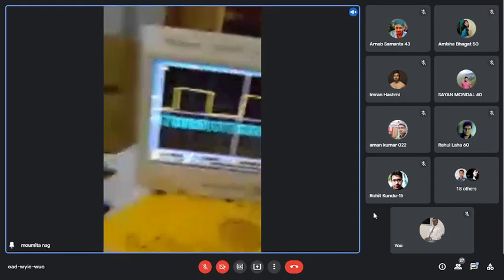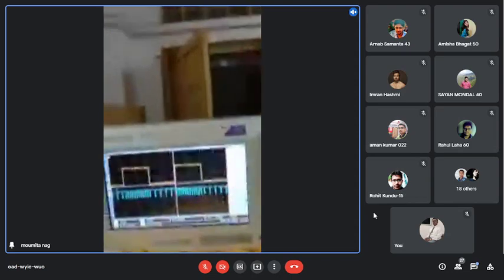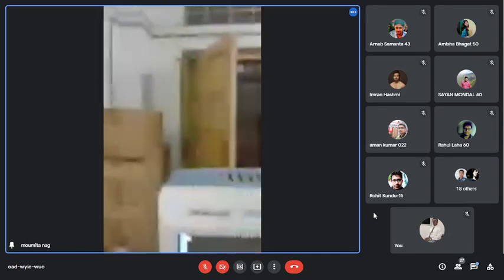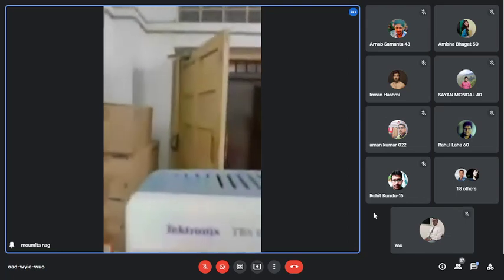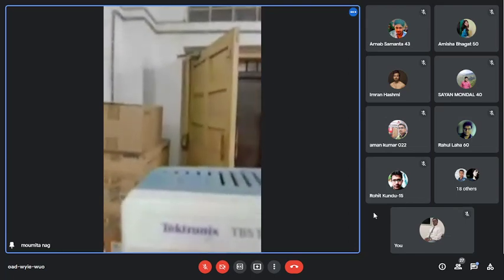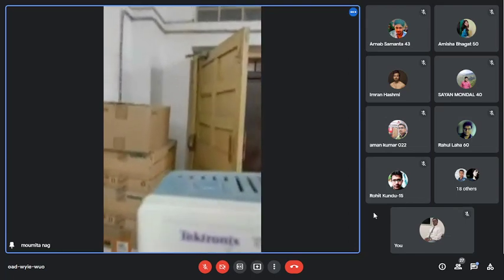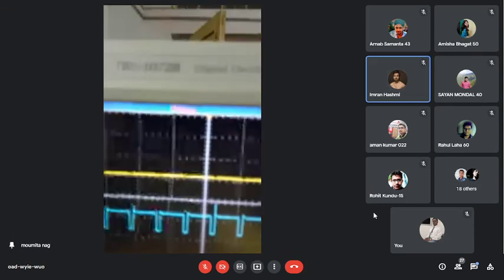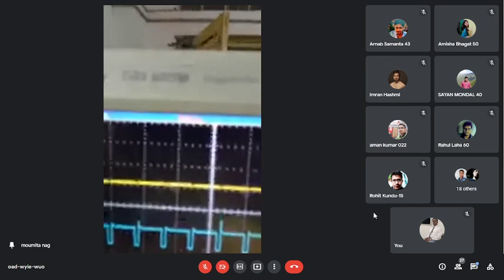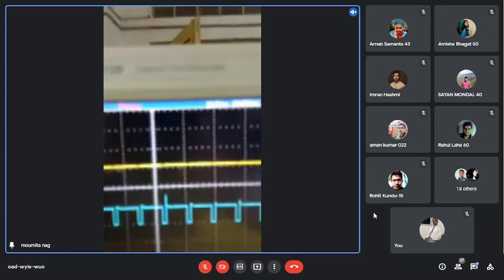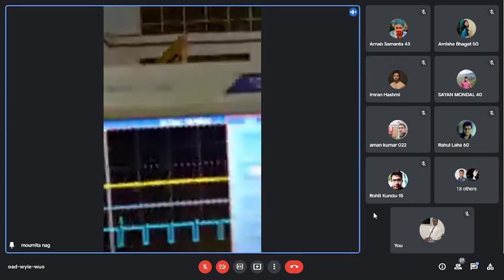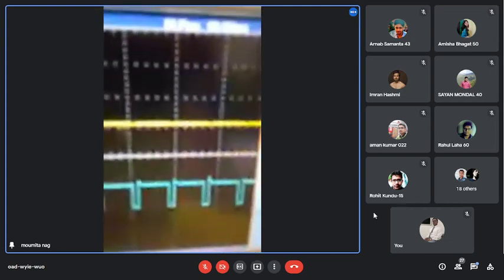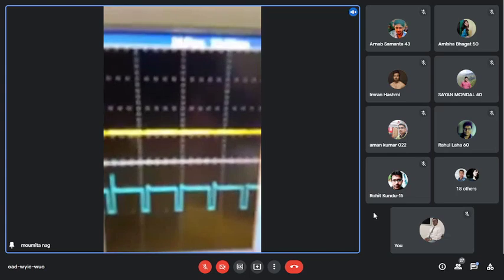So just 1 minute, I have not measured the carrier amplitude. This is the carrier and the volt per division is 5 volt. So how much is the amplitude of the carrier signal?